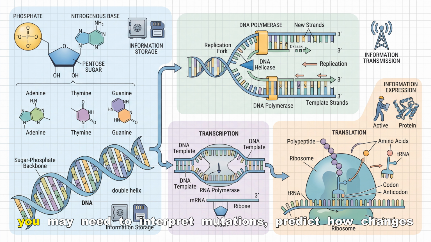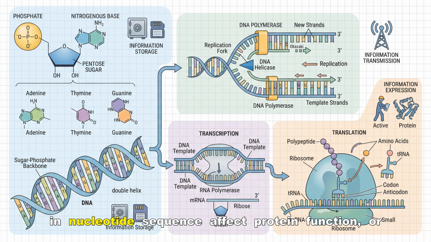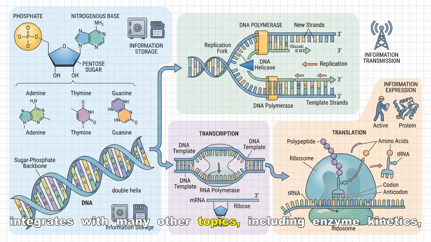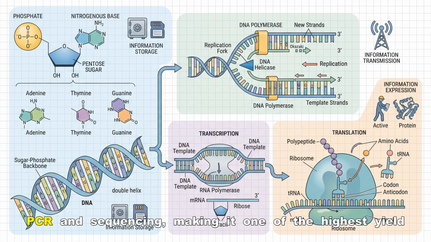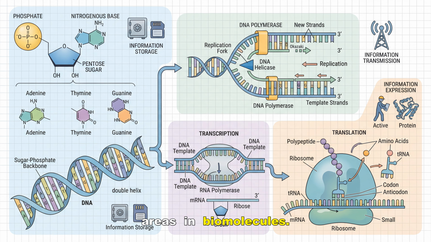On the MCAT, you may need to interpret mutations, predict how changes in nucleotide sequence affect protein function, or understand regulatory mechanisms. This concept integrates with many other topics, including enzyme kinetics, gene regulation, and biotechnology techniques like PCR and sequencing, making it one of the highest yield areas in biomolecules.